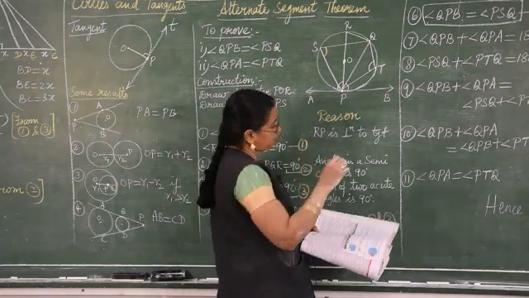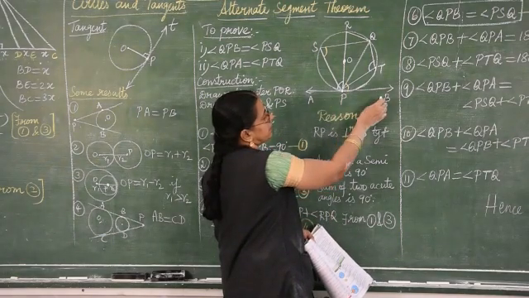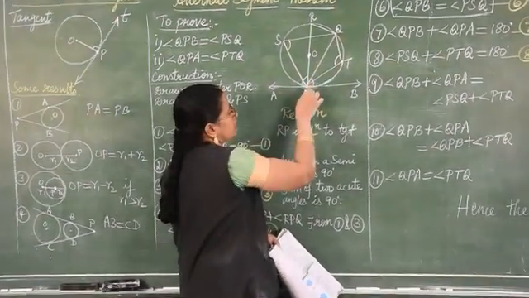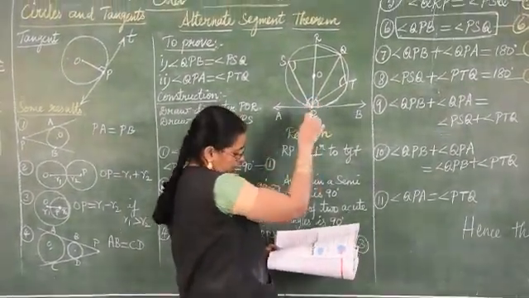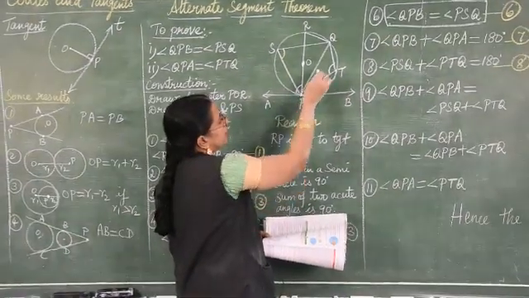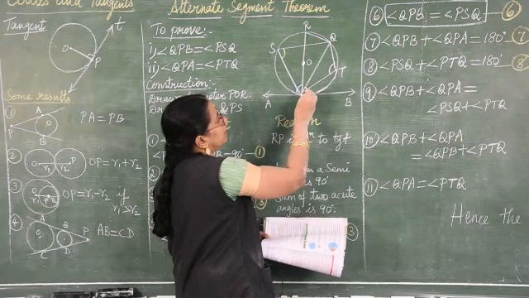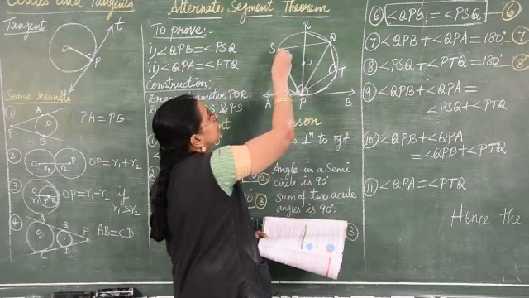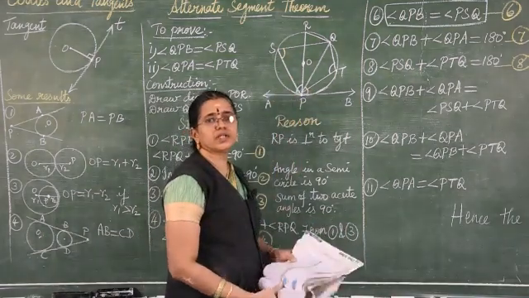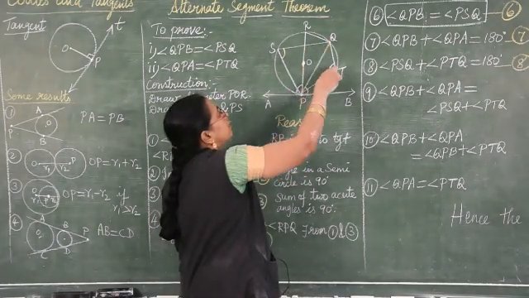Here AB is a tangent, P is the point of contact, PQ is a chord. The angle between the tangent and the chord, see here, is angle QPB. This angle must be equal to the angle in the alternate segment, they are telling. You know the meaning of a segment of a circle? This is a segment of a circle.